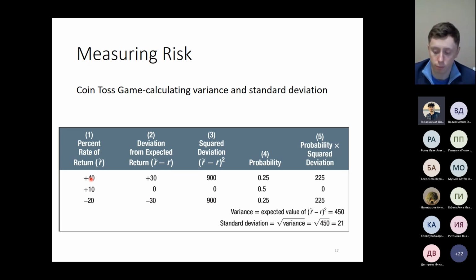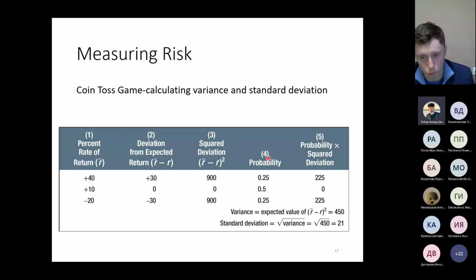If we have, instead of probabilities, just many returns, then we do the same procedure. We estimate their average, estimate the deviation of each return from the average, and find the square of this deviation.